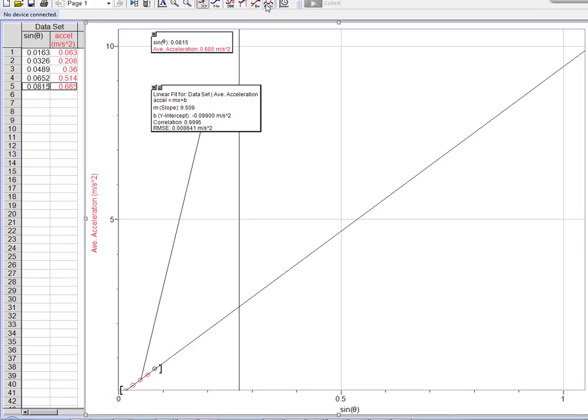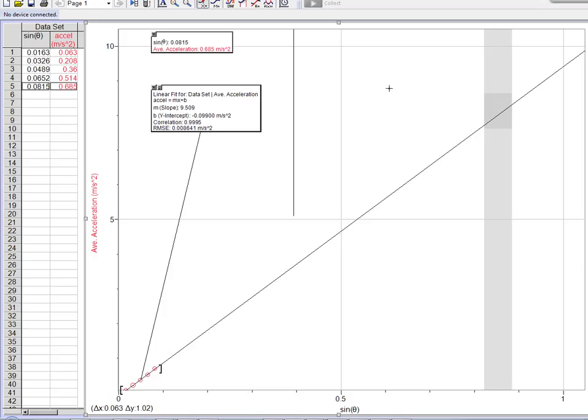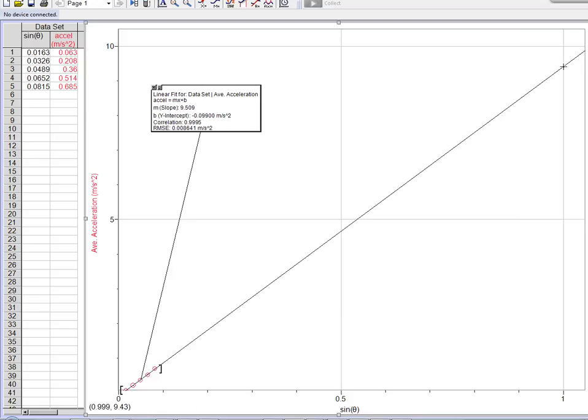Well, when you click on it, it selects one of the data values. Oh, I got you. Darn it. I can just go put it up there though. Can I just do that and get a value?